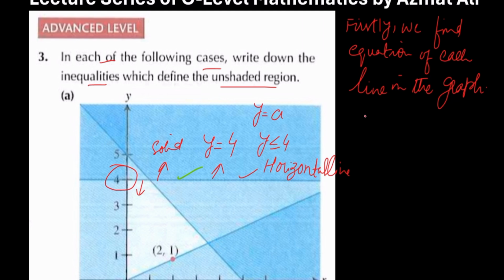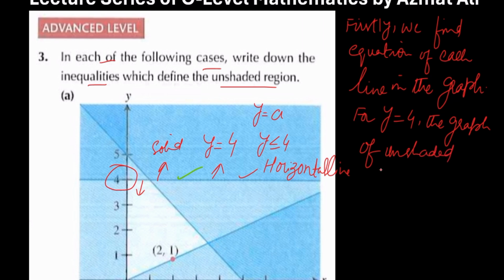So you will write, for y is equal to 4, the graph of the unshaded region is below.